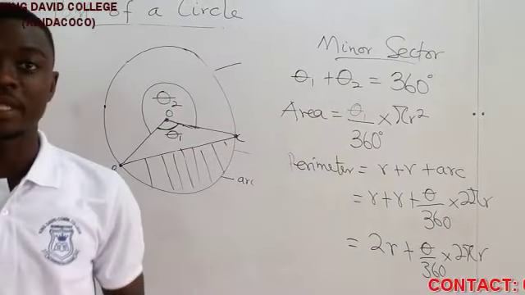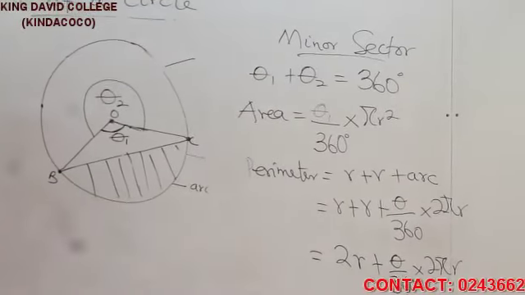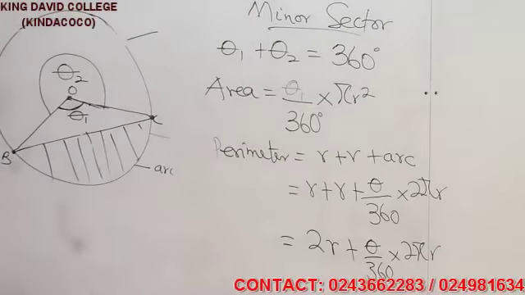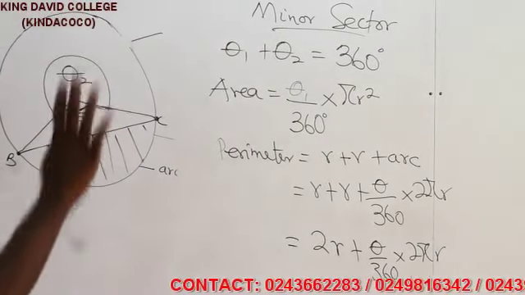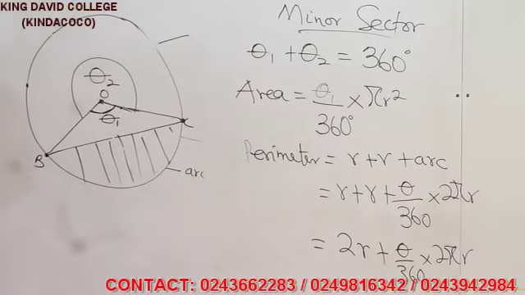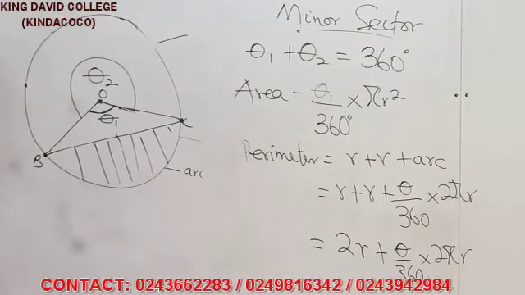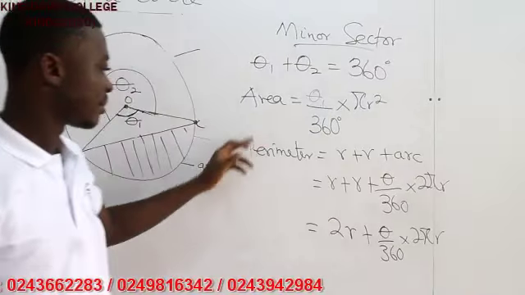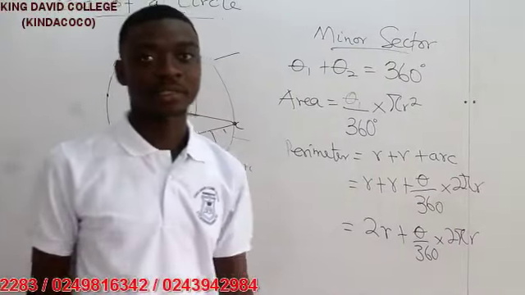So that's going to be our final formula for finding the perimeter of a minor sector. Right, so I believe by now you've been able to establish this and then also this.